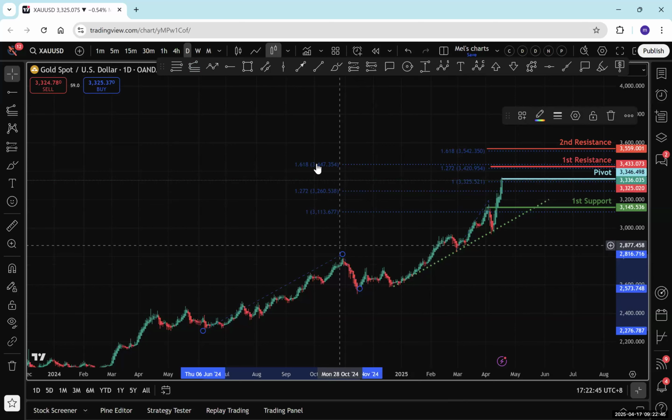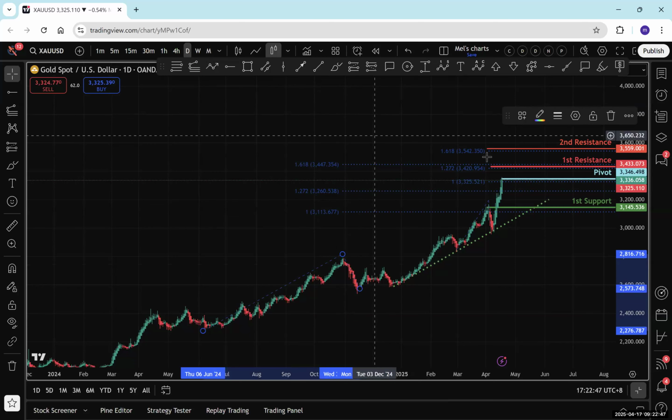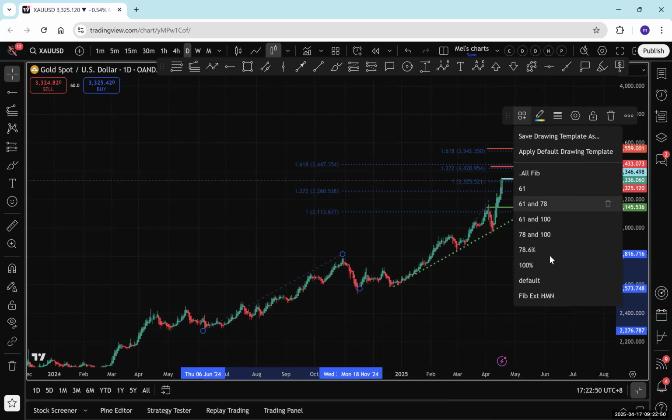Okay, here I have the 161.8 lining up with my first resistance as well.